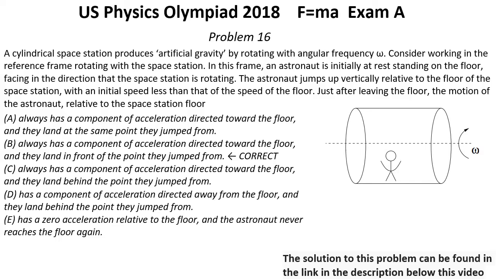The astronaut jumps up vertically relative to the floor of the space station, with an initial speed less than that of the speed of the floor. Just after leaving the floor, the motion of the astronaut relative to the space station floor is the next one.